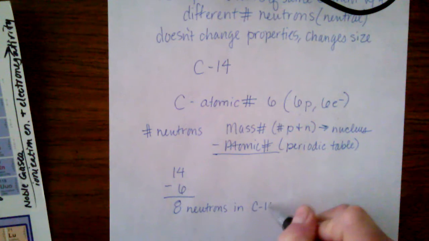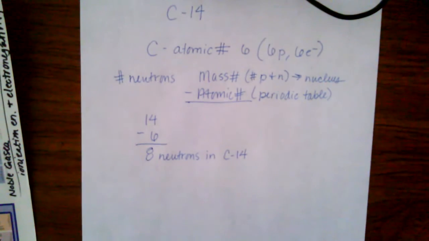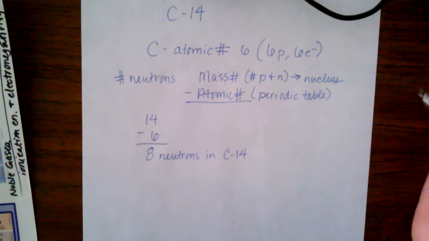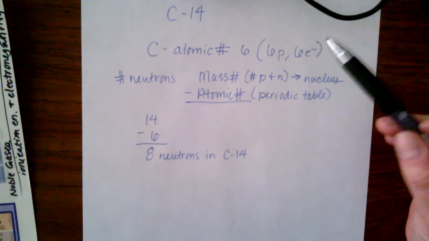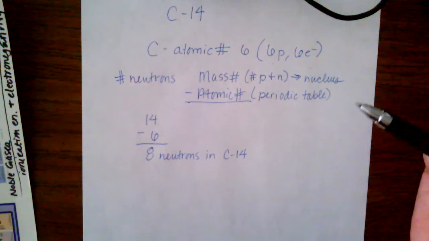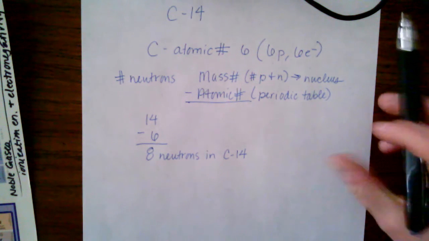in carbon-14. It's still carbon, it still has all the properties of carbon, it just has a different number of neutrons than regular carbon. Regular carbon has 6 protons, 6 electrons, and if it's going along with all of these, it should have 6 neutrons. When you start getting isotopes, you start getting a change in those.